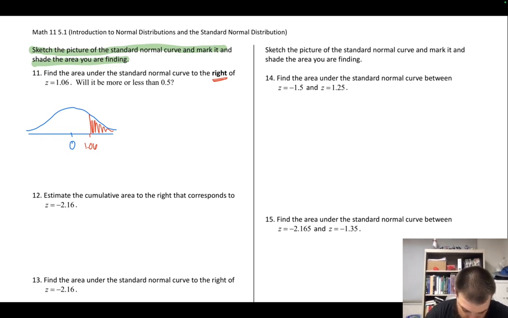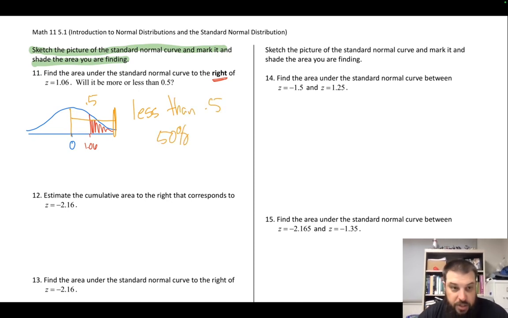Well, since that is 0.5, we would have to be less than 0.5, or less than 50% of our data. So we should expect that value to be under that. Okay? And then if we were to find it exactly, we take our z-score of 1.06.